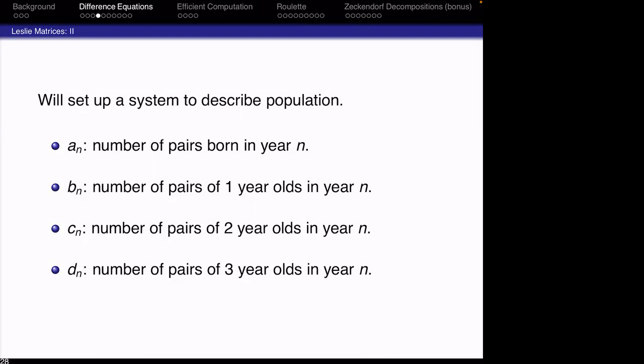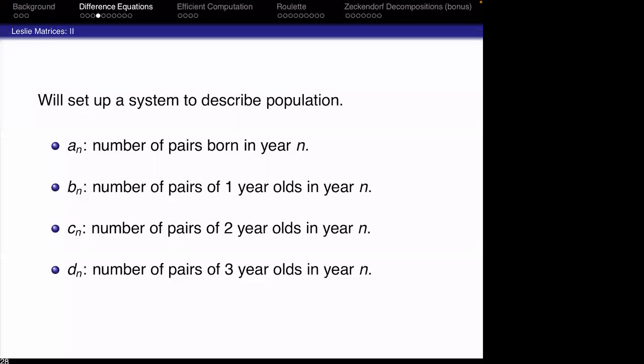So can anybody tell me how many whales will be 1 year old in year n+1? What would B_{n+1} be, in terms of the A_n, B_n, C_n, and D_n? That would equal A_n, because everybody that was born in year n becomes 1 year older, and we're assuming no whale dies before they're 4.